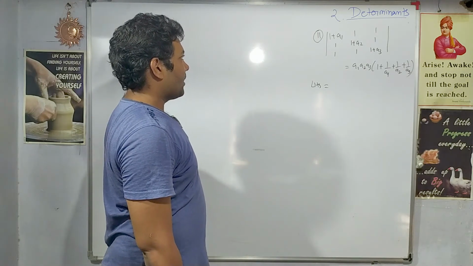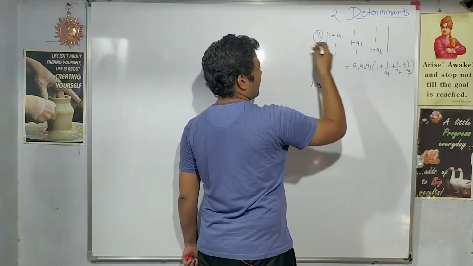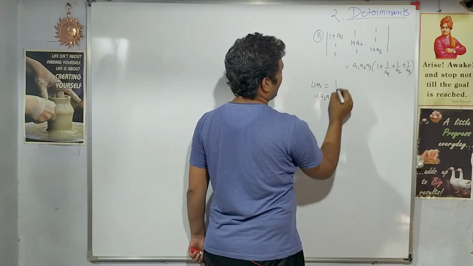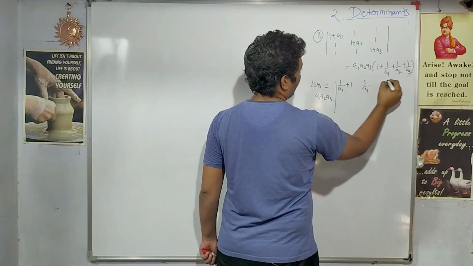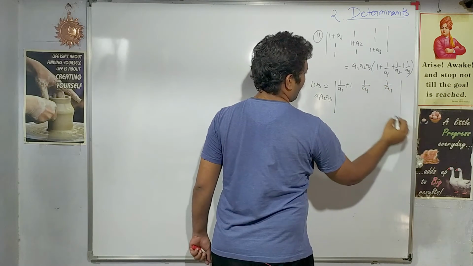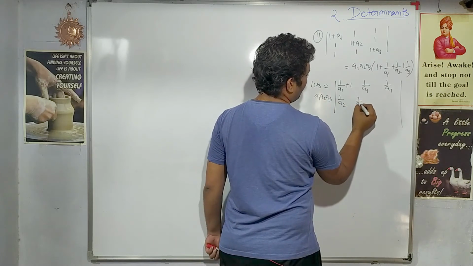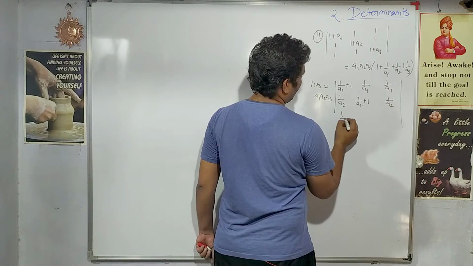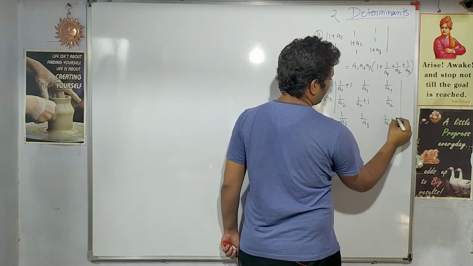row if I take out a1 common, second row if I take out a2 common, and third row I will take out a3 common, what will remain? So 1 upon a1 will remain, plus 1 upon a1, 1 upon a1. Then in the second row 1 upon a2, 1 upon a2 plus 1, 1 upon a2, 1 upon a3, 1 upon a3, 1 upon a3 plus 1.